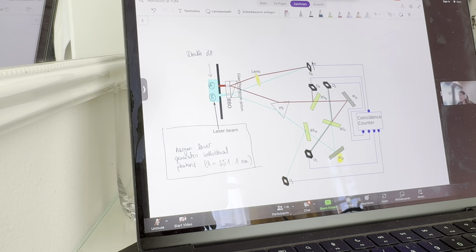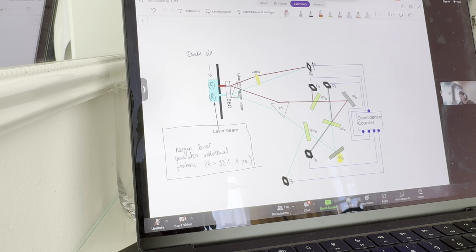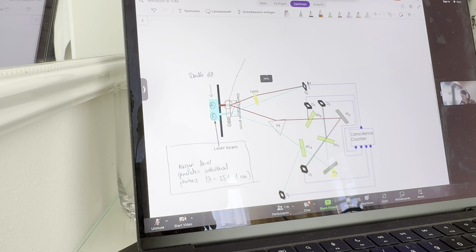What happens now is that the photon will travel through a special prism. Okay, I take orange for this. So imagine a photon travels through slit A. Then this photon will arrive at this prism, and in this prism an entangled photon pair is produced.